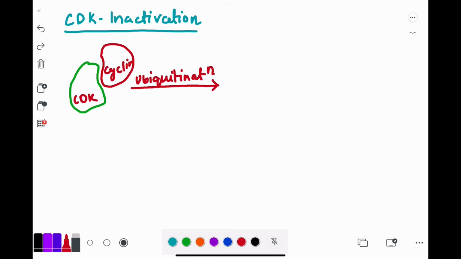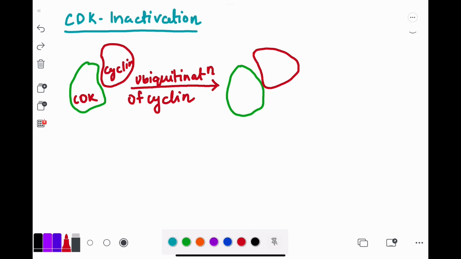Ubiquitination is a chapter you can find under protein degradation in biochemistry. Ubiquitination of the cyclin occurs, and the cyclin is marked by these ubiquitin molecules. Just assume this random structure.